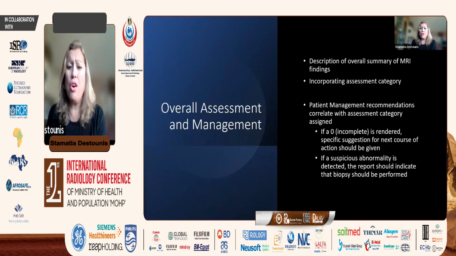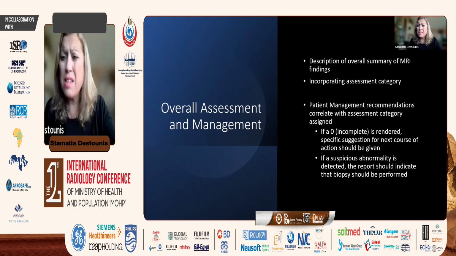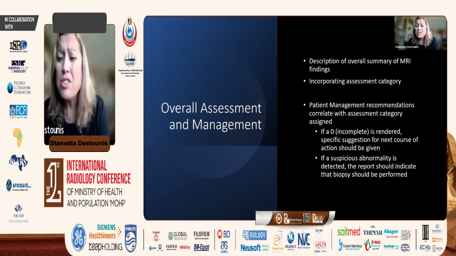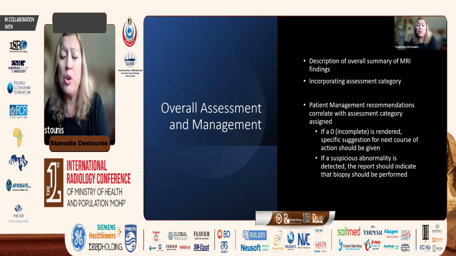So our overall assessment and the management of the patient really describes everything we saw. We get a summary of our MRI findings, and we incorporate the BI-RADS assessment category into our final summary. And then the patient management recommendation really has to correlate with whatever BI-RADS category we assigned or explain why it doesn't.